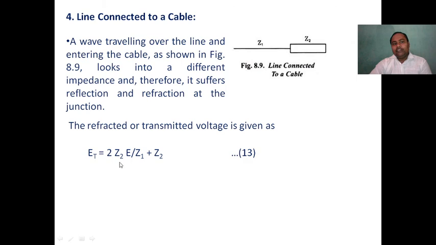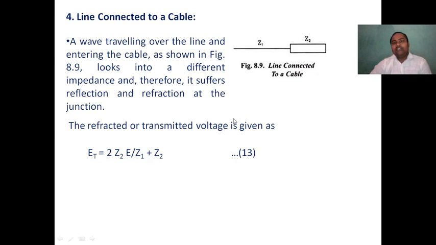Definitely the coefficient is 2 Z2 by Z1 plus Z2. The transmitted voltage ET is the transmission coefficient 2 Z2 by Z1 plus Z2 into the incident voltage.